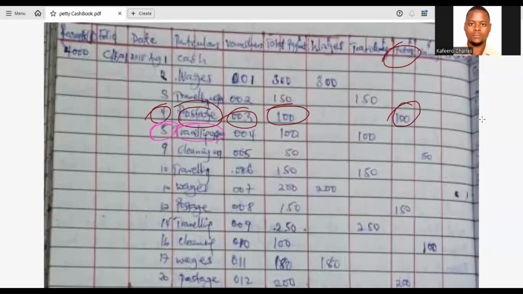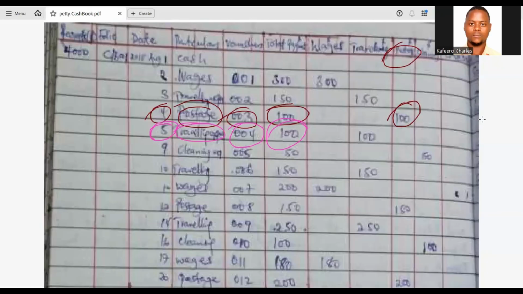The voucher number you have when they worked today will be a different voucher number when they come to work tomorrow. That's why even here you are seeing that we have payment voucher 004, and the amount is 100. Now, since this is a traveling expense, under the analytics column we don't create another column because we already have a traveling expense column as a category.